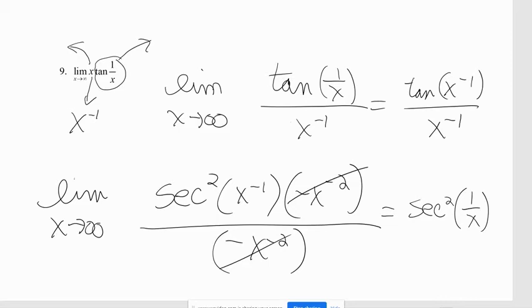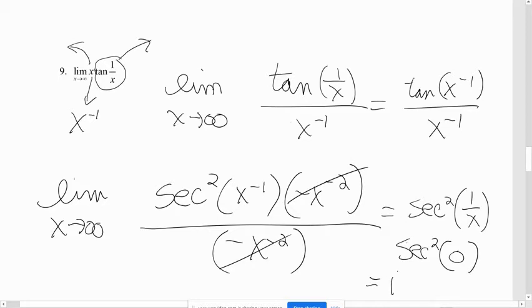And if I plug in infinity here, it would be essentially secant squared of 1 over infinity, which would be 0. And the secant of 0 is actually 1, so that'd be 1 squared, which is 1. So the limit here is going to be 1. So the limit of that function is 1. All right.